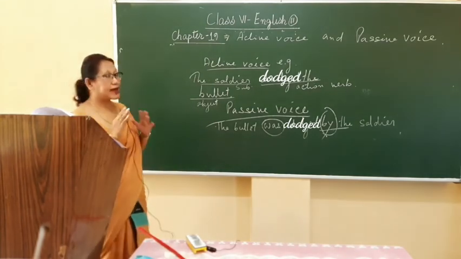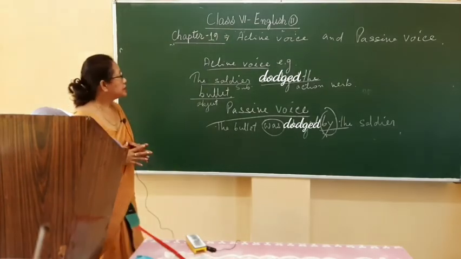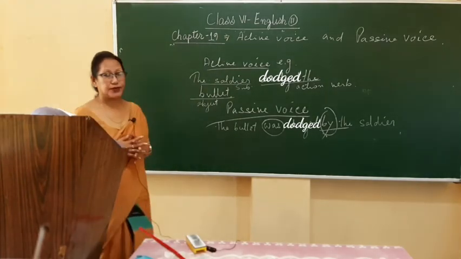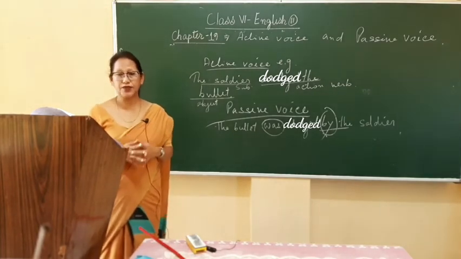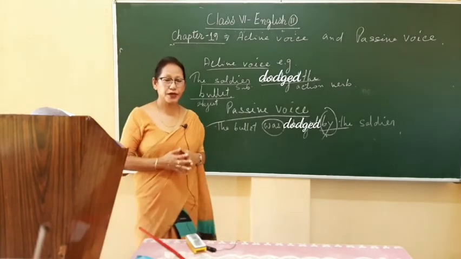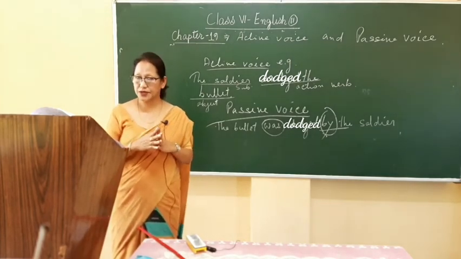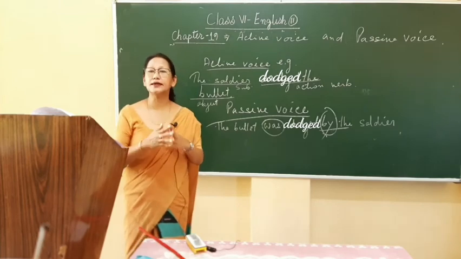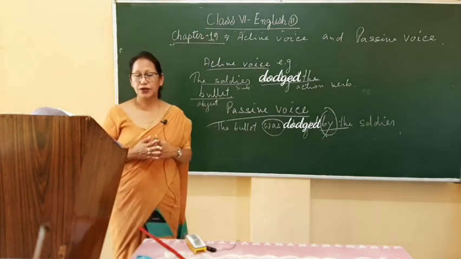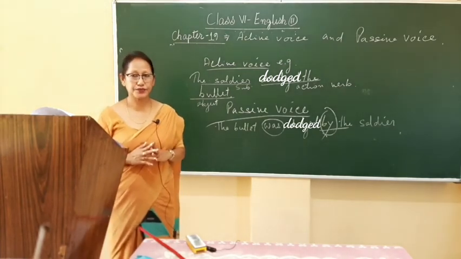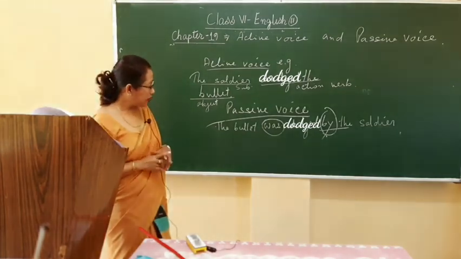Okay, now let's summarize what we have learned today. In today's lesson, we have learned about active voice and passive voice. Active voice focuses mainly on the subject, that is the doer, and the passive voice focuses on the object, that is the receiver of the action.